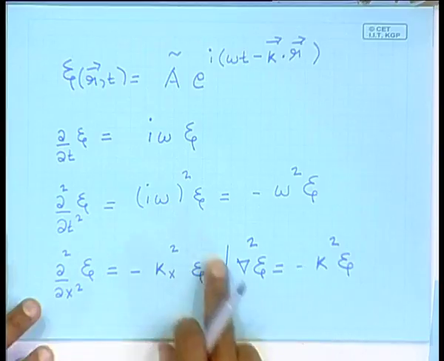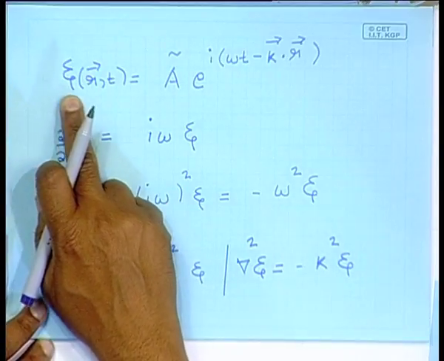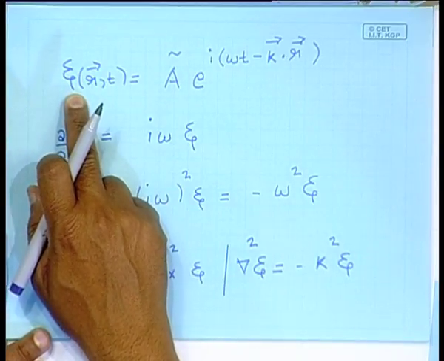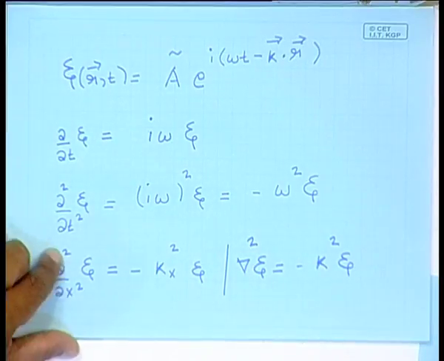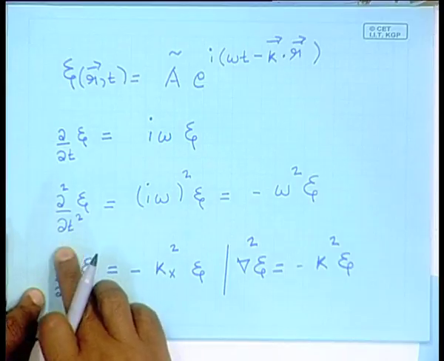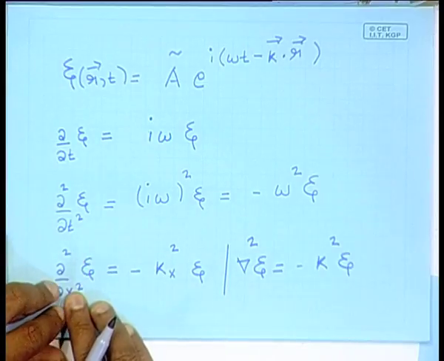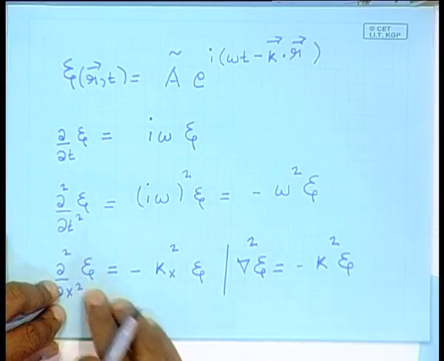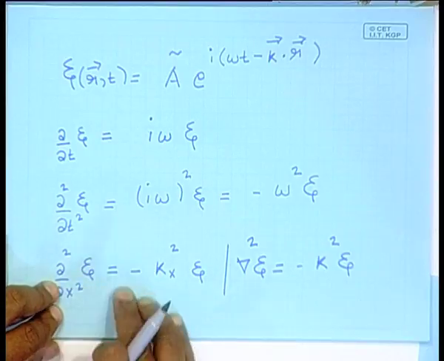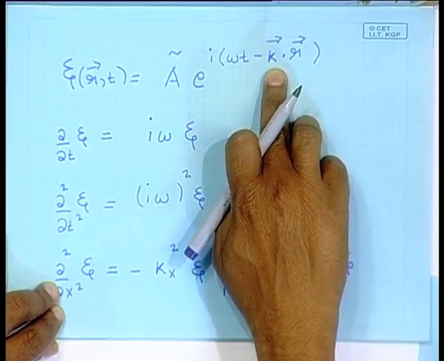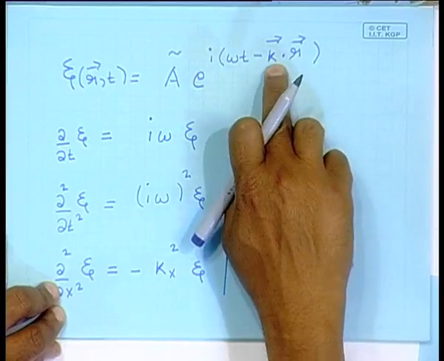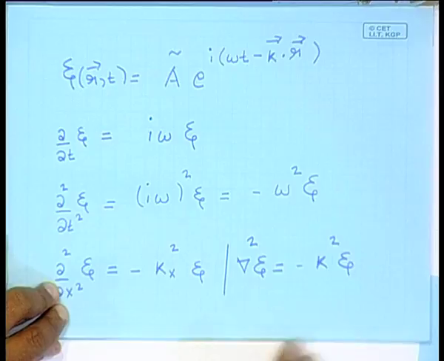So, it is quite clear that the Laplacian, which is the sum of derivatives twice with respect to x, twice with respect to y, twice with respect to z, acting on xi, if I add up all of these, gives minus k squared, where k is the length of the wave vector, into xi.